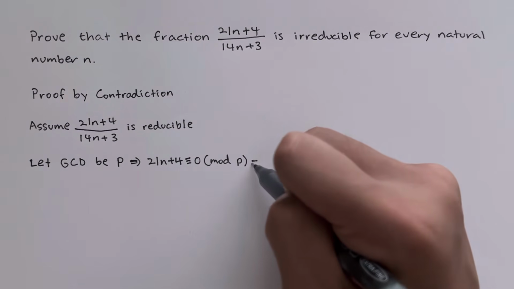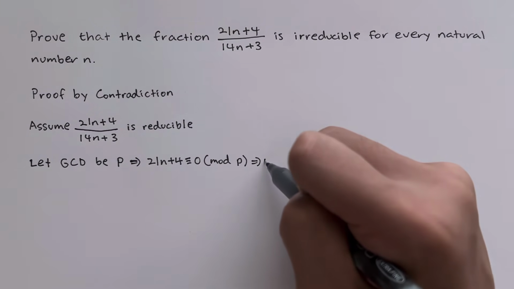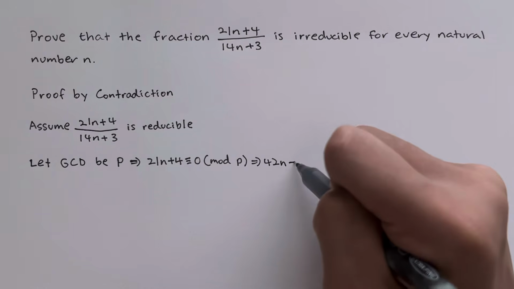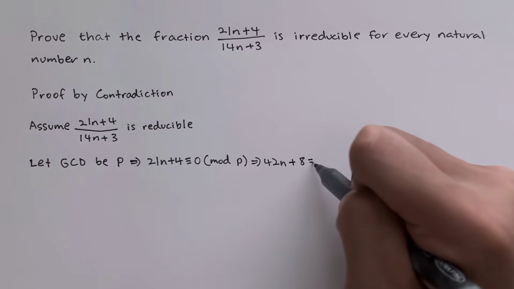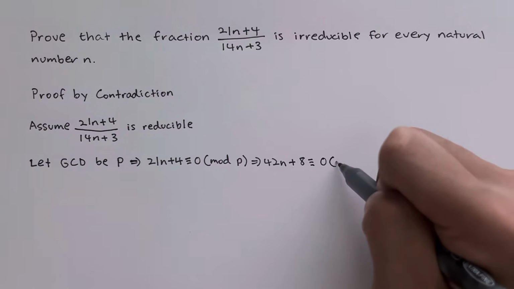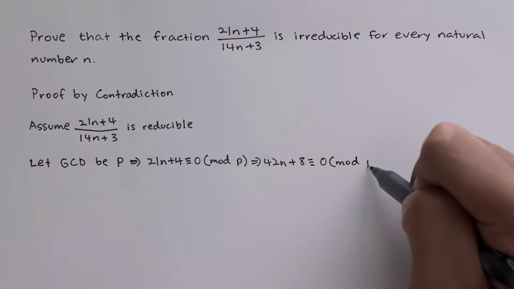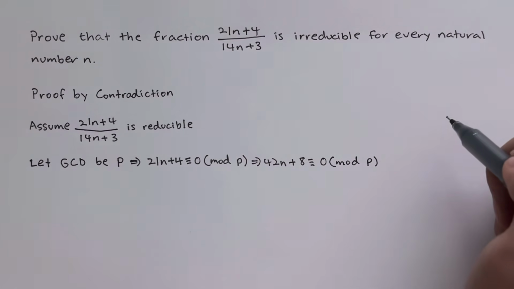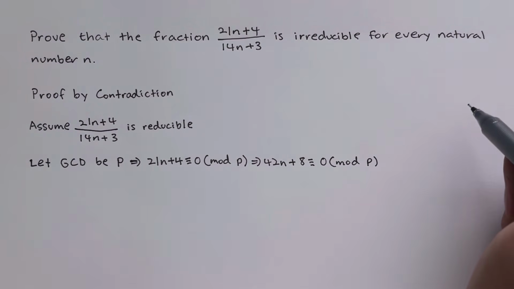And then we can multiply both sides by 2: 42n + 8 is congruent to 0 mod p. And we can subtract the second equation from the first equation.